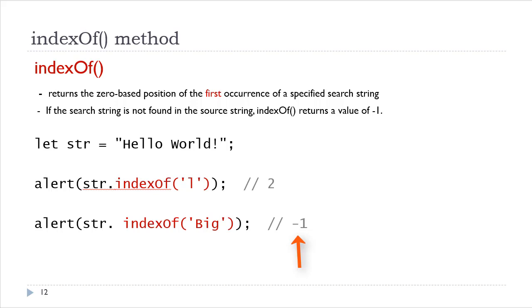indexOf is commonly used to determine if a search string exists, more than where it exists. So you will see this being used in order to test if it exists or not, and if it doesn't, we will see the -1 being returned.